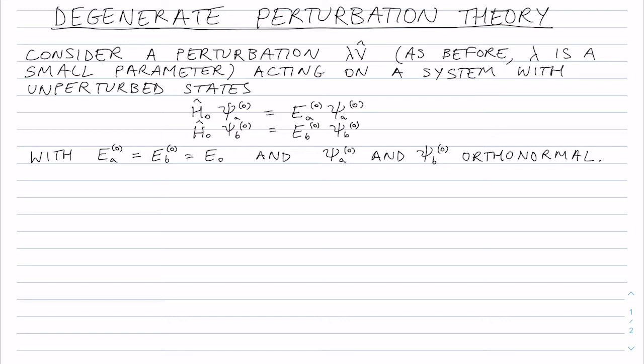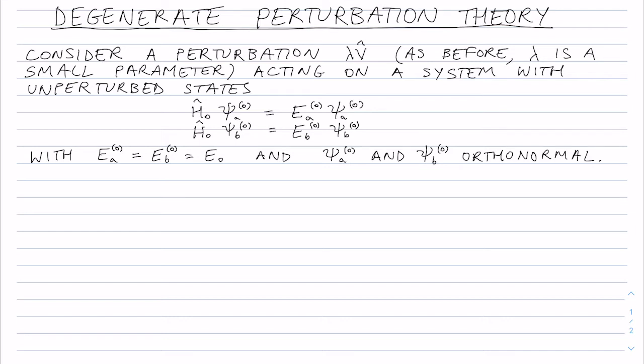Consider that we have a perturbation lambda V, as we did in the previous videos. Lambda is a small parameter. It acts on a system with unperturbed states, and these aren't all the unperturbed states, there could be more states, but these two states are degenerate with each other, psi A naught and psi B naught.